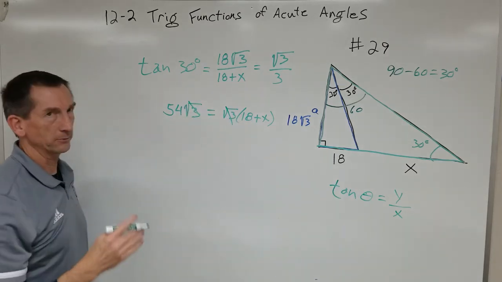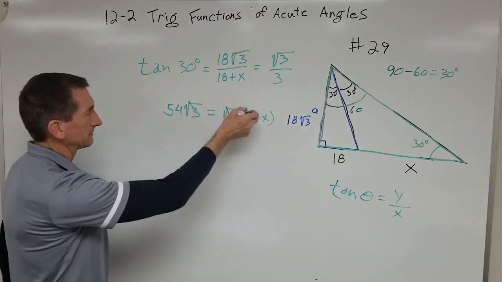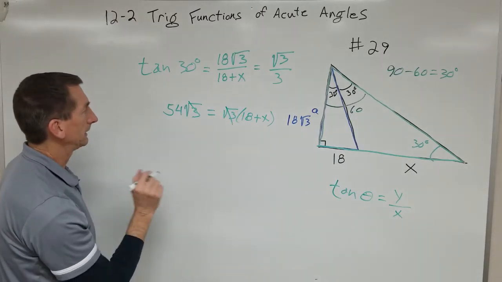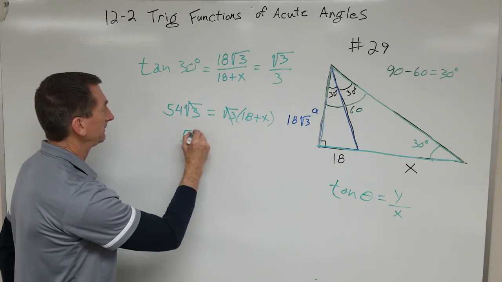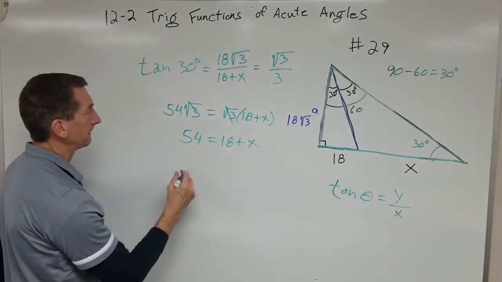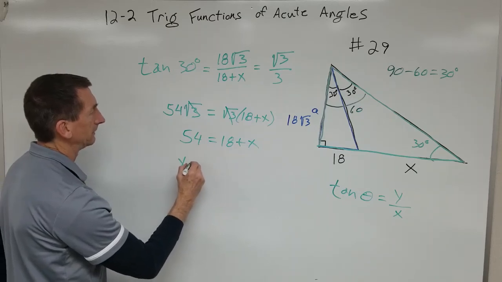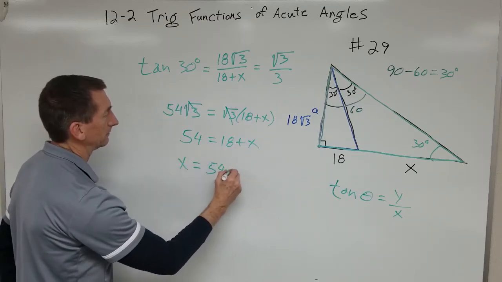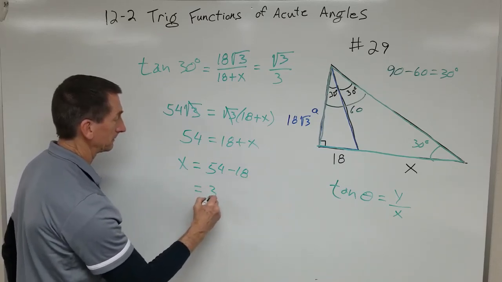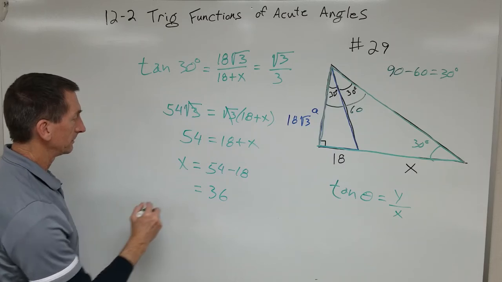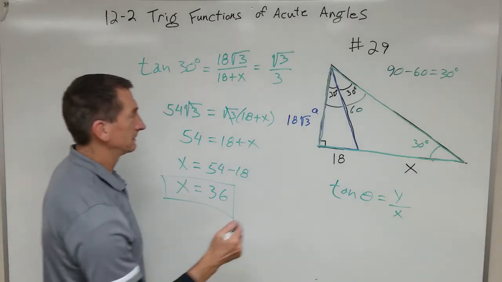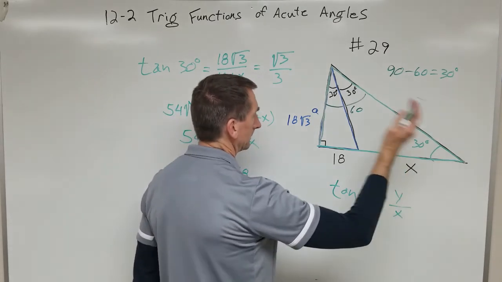I can do that because it's all multiplied together. If there was addition in here, I couldn't do that, but I can. 54 is equal to 18 plus x, and so x is equal to 54 minus 18, and we know that to be 36. So my x value is 36. That's nice, because now I know the answer.